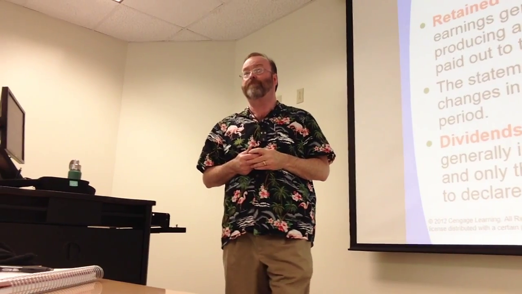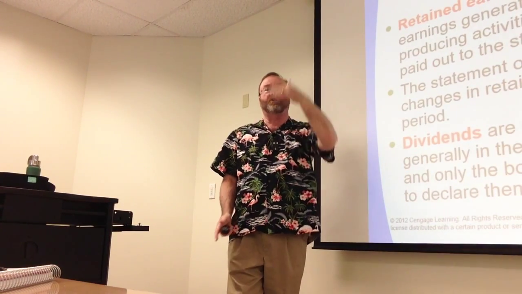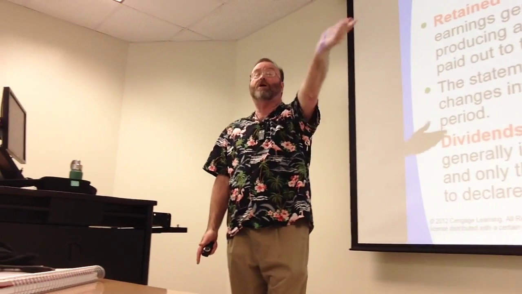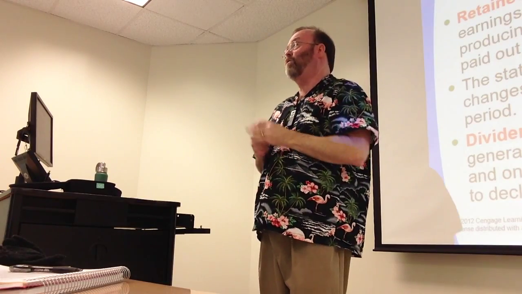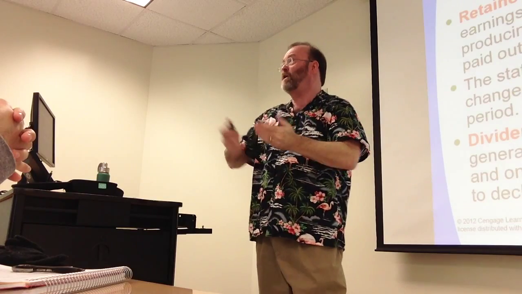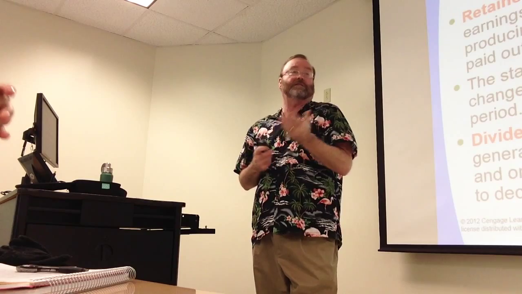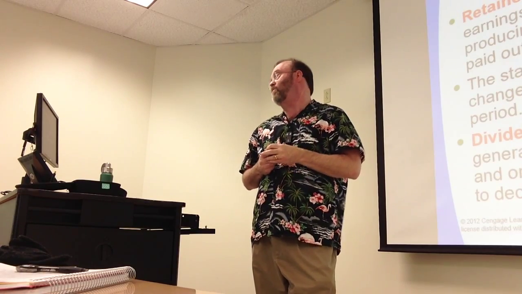All right? That also is a statement that measures activity. It starts with the beginning balance of retained earnings, the retained earnings from the last period. Add in the current year's profits, net income. Subtract out the dividends, and that gives you the ending retained earnings.